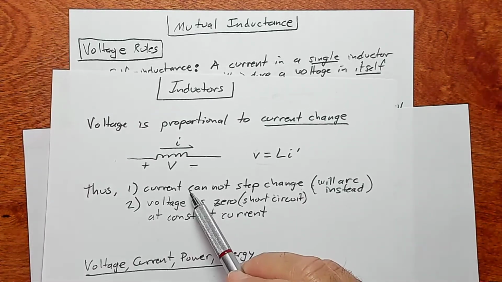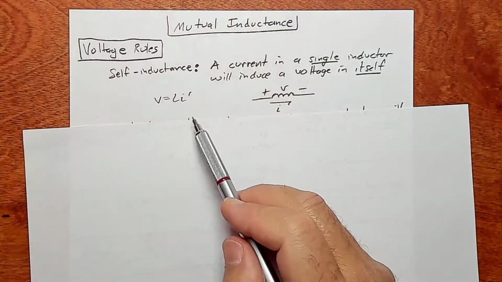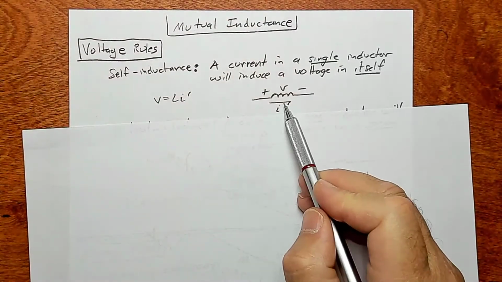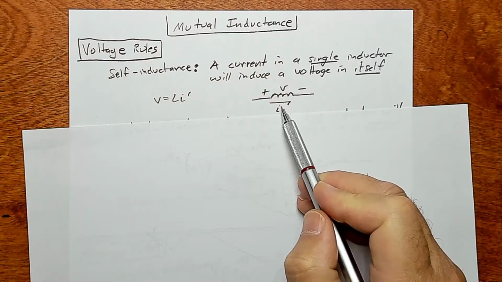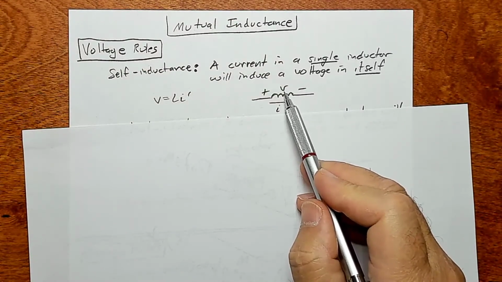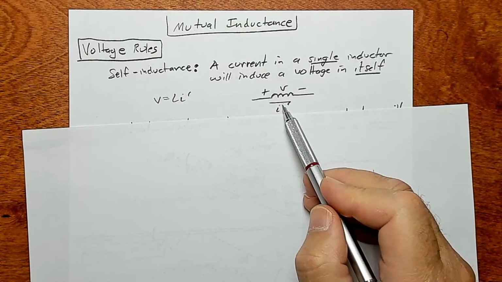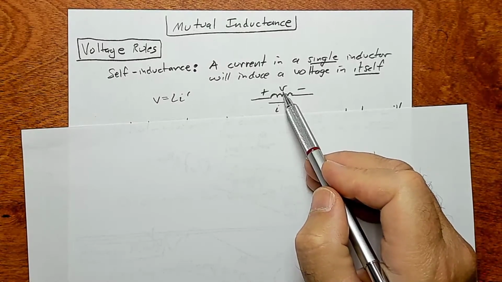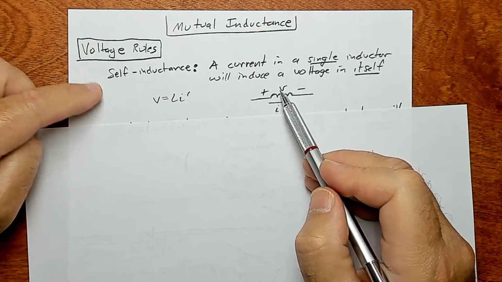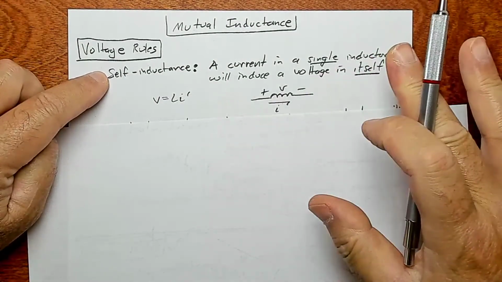That's self-inductance, so I'm just reviewing that here. One inductor will induce a voltage in itself. That is, the current flow in one inductor will induce a voltage in that same inductor. That's self-inductance.